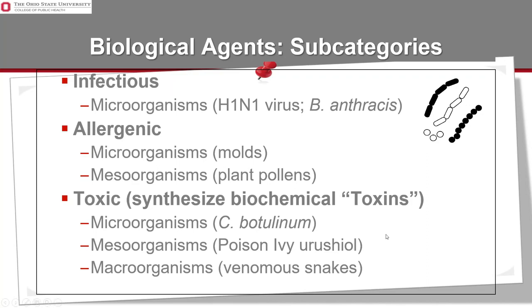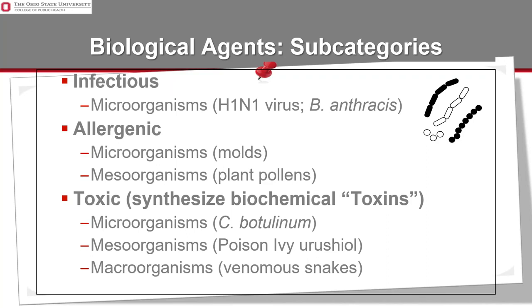But the point here is that when we talk about infectious agents, infectious diseases, it's exclusively focused on the microorganisms: viruses, bacteria, fungi, helminths, right? And when we talk about allergenic biological agents, it can include some of these microorganisms. Molds are a major example, but also plant pollens, much higher level in terms of size and so forth.